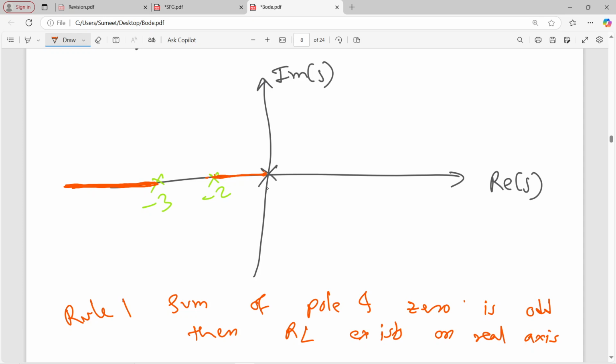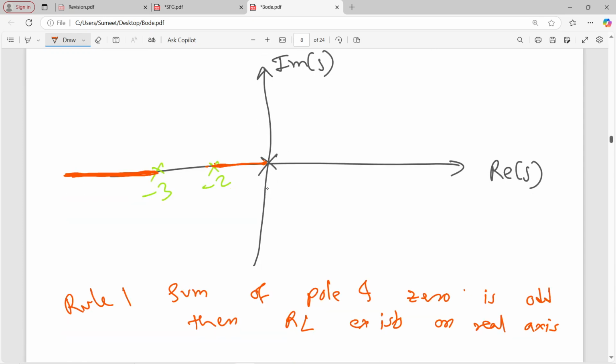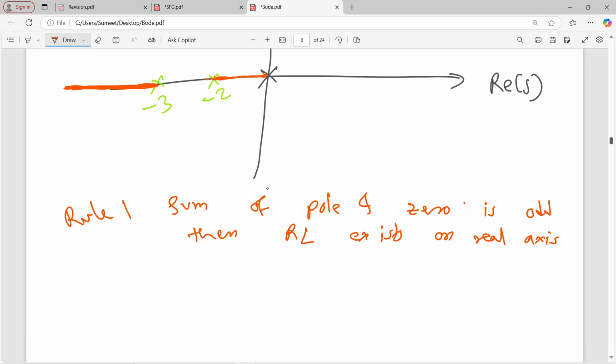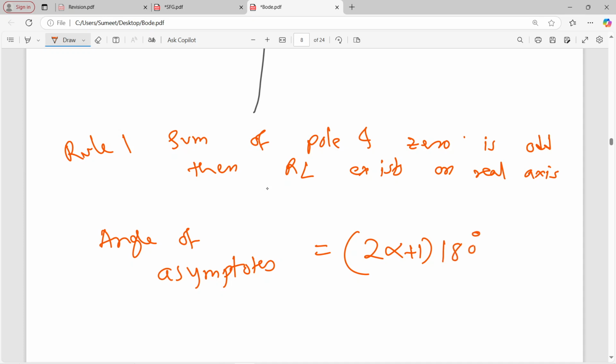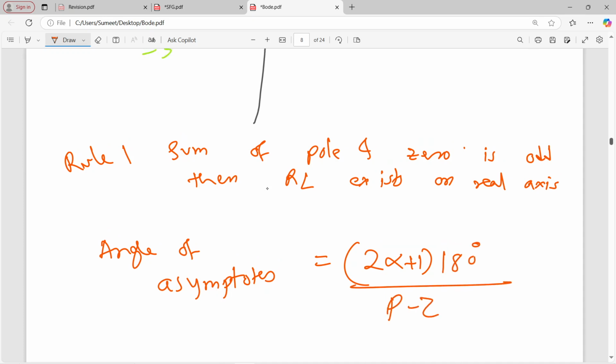Okay. Next point is, we have to find out the angle of asymptotes. So how to find out the angle of asymptotes? The formula for angle of asymptotes is (2 alpha plus 1) into 180 degree divided by p minus z, where p is the number of poles, z is the number of zeros.